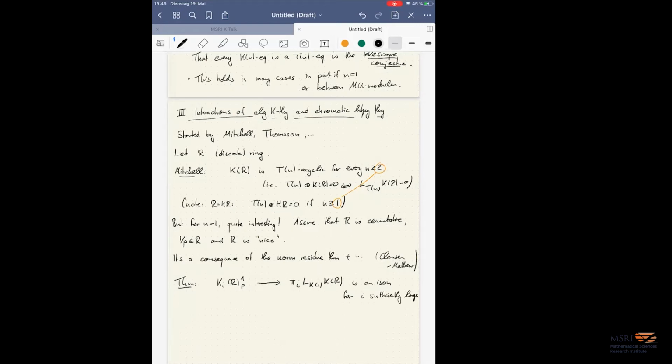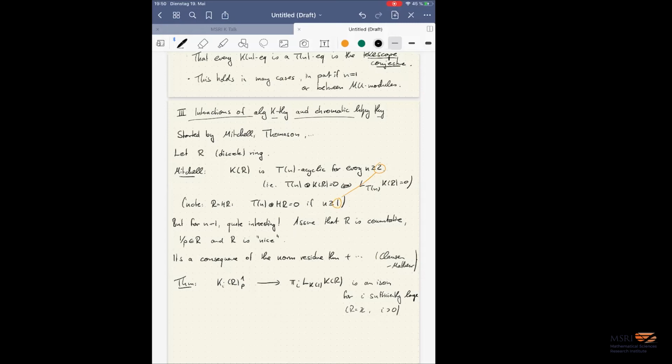In this case, sufficiently large doesn't mean a crazy high thing which we cannot control, but rather we have a specific number which i has to be bigger than, and for example for R equals Z, I think we just need i bigger than 0. So it's very mild.